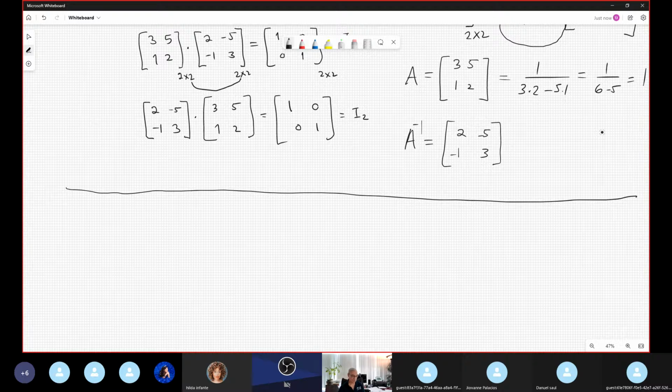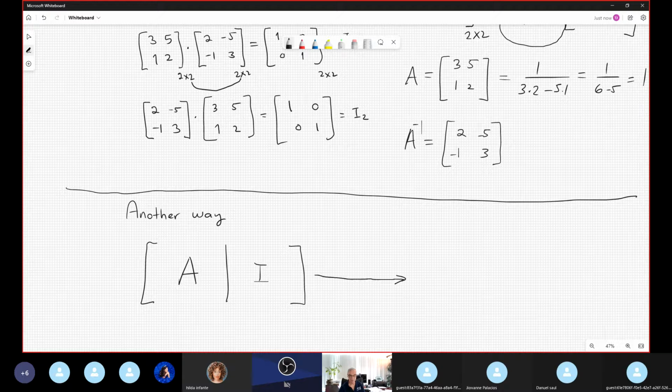Another way is you take the augmented matrix in which you copy the matrix A, put a vertical line, and the identity.